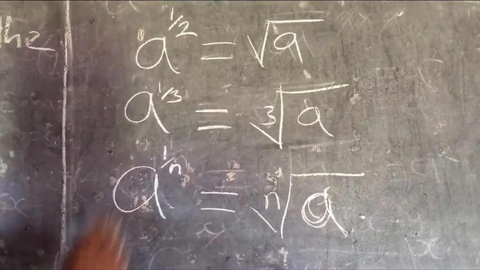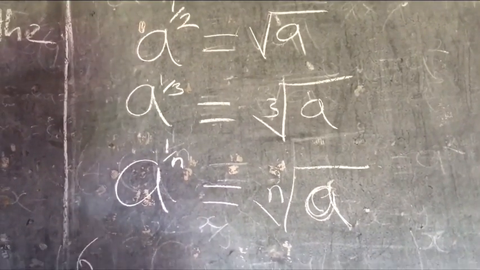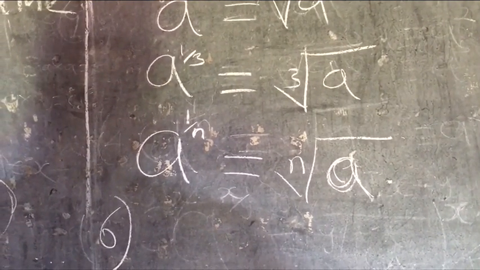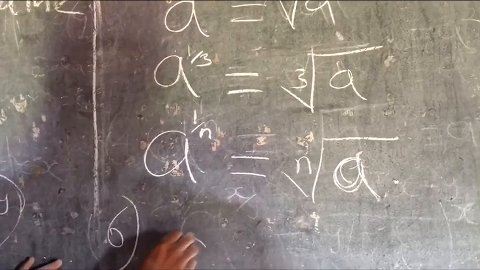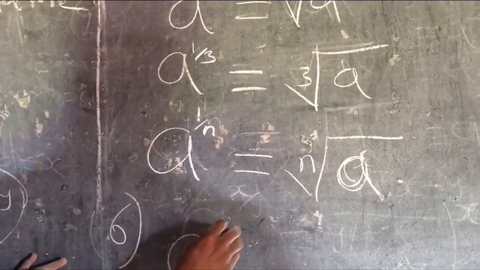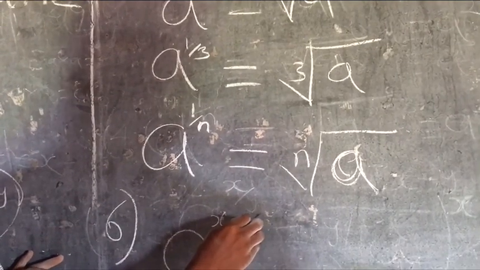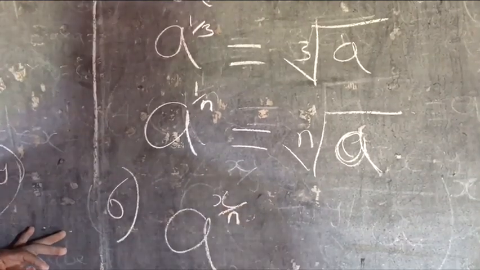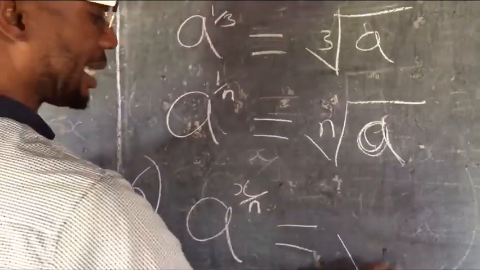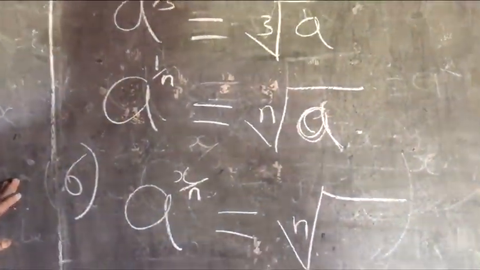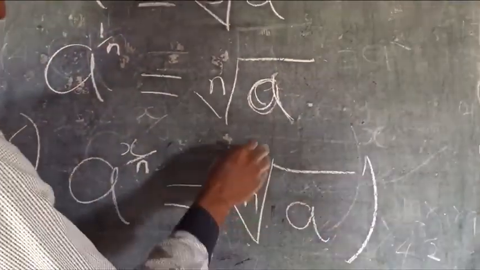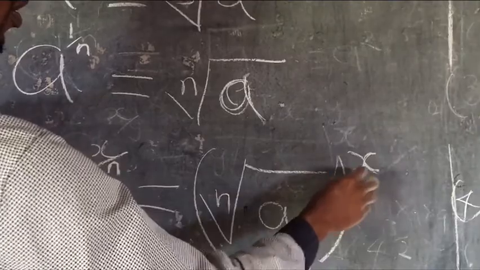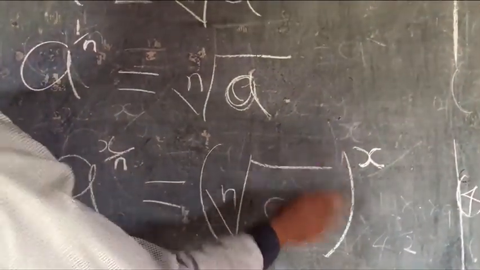Now, following from this fractional index, we get another law, which we call law number 6. Now, law number 6 says if I take a raised to power of any number x over any number n like this, I can take the nth root of a, then I raise my answer to the power of that number x.